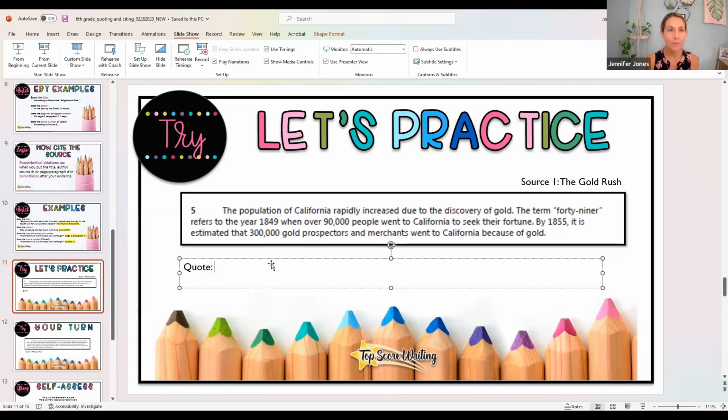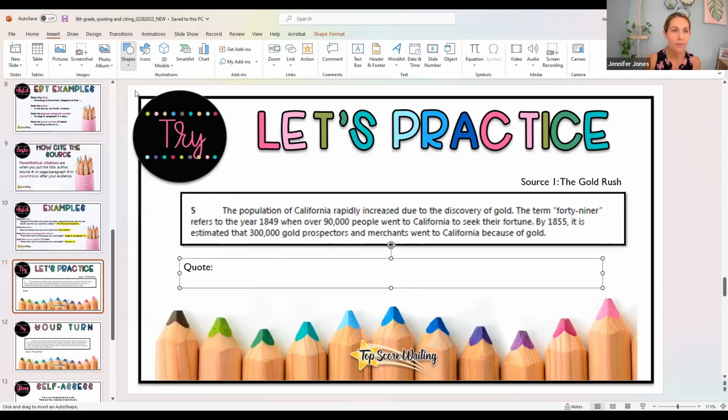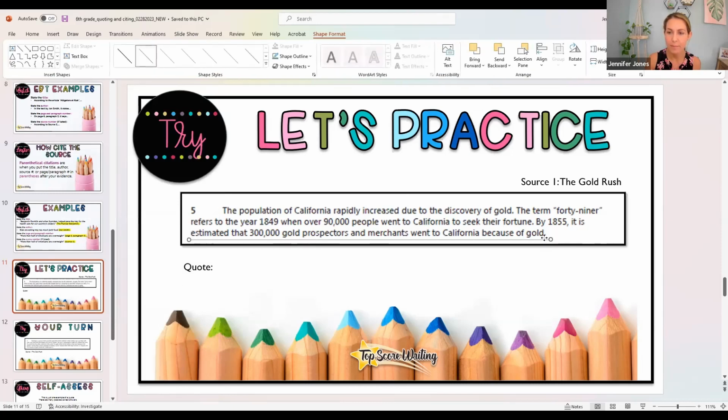All right, so I am going to quote the very last sentence of this paragraph. I'm going to go ahead and underline it for you so that you can clearly see the sentence that I am going to be quoting.